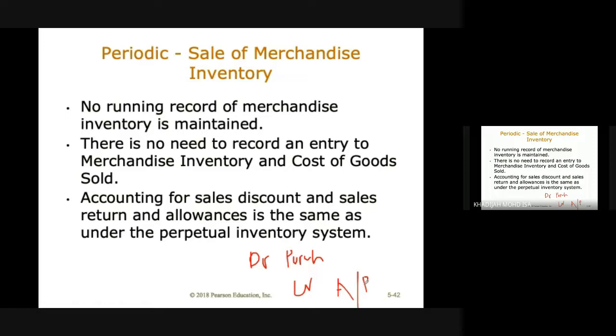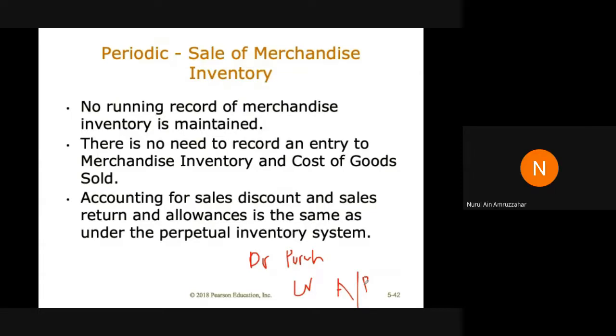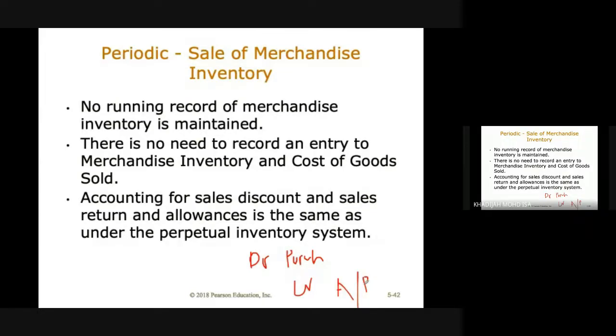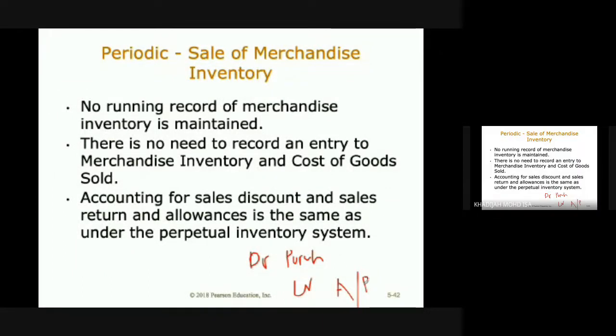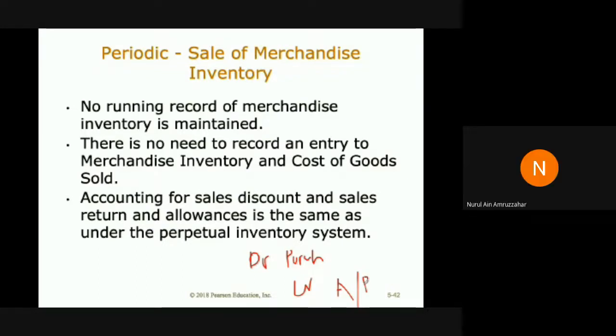What would be the journal entries under perpetual where you make sales? There are two entries. What is the first one? Inventory. Do you debit or credit inventory? Credit.